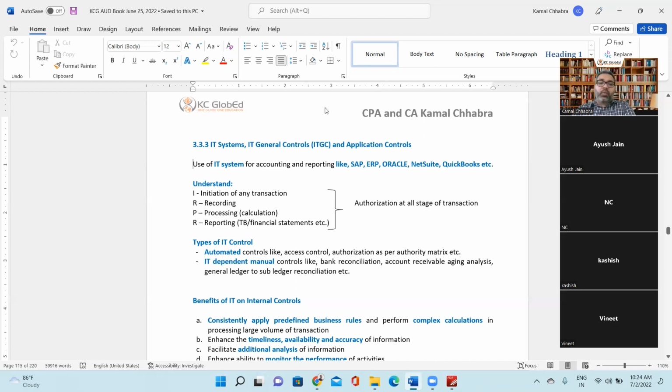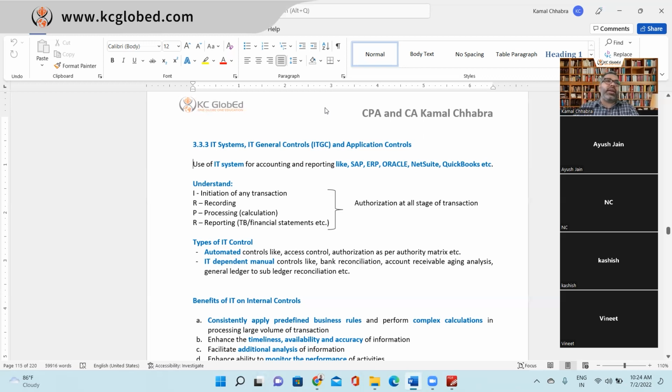Automated controls also include access controls, like your ID and password. They have given you a respective ID and password and respective authorization as well. For example, a purchase person would not make any entry in the treasury department, and a payroll person may not make an entry in the PPE department. That kind of logical authorization or access control is also part of automated control. So how do you implement and enforce segregation of duties?